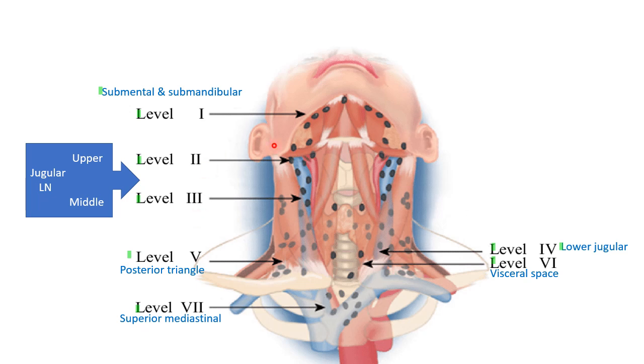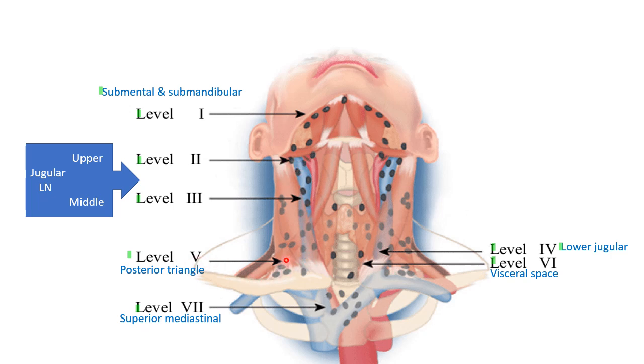Okay, this is the anterior view of the deep cervical lymph nodes. Level 1, submental and submandibular. Level 2 is the upper jugular lymph nodes, the superior deep cervical lymph nodes. Level 3 will be the middle deep cervical lymph nodes, and level 4 will be the lower deep cervical lymph nodes, superior, middle, and lower.